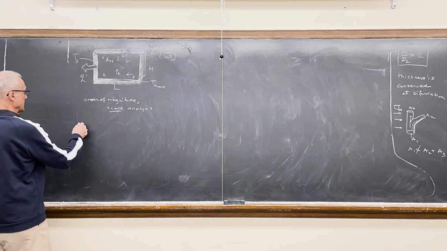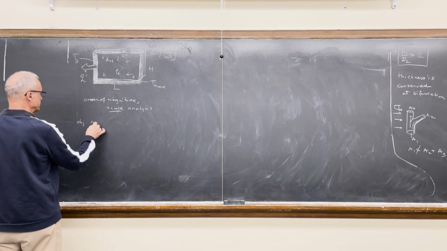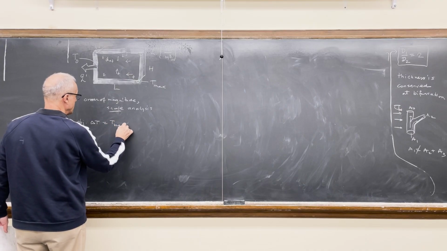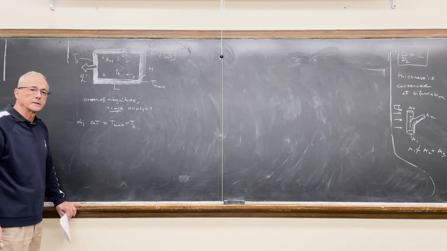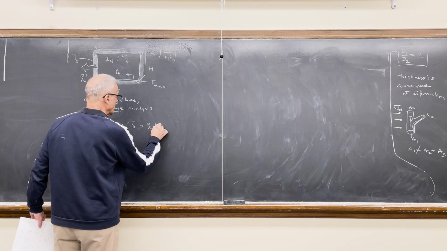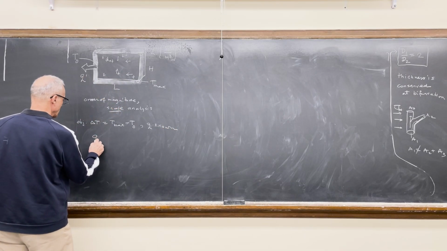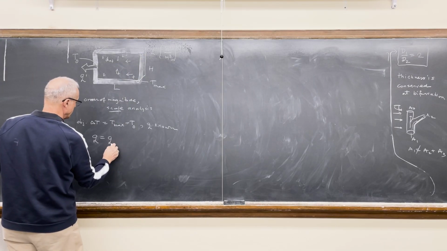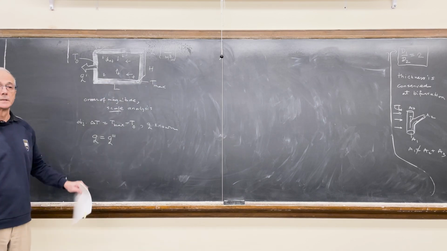So the object of the game is the overall temperature difference, which is Tmax minus T0 when Q is fixed. Q is known. What is Q? Well, Q is this volumetric heating rate times the volume of this slab.